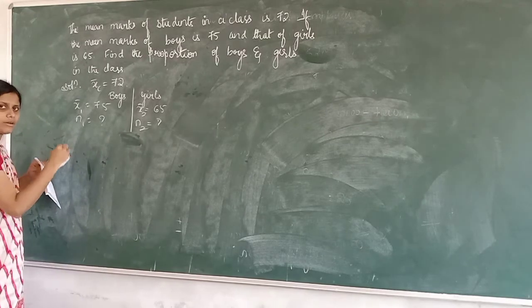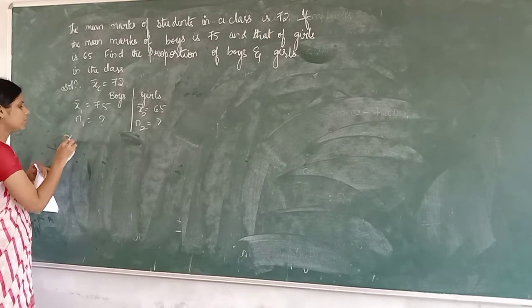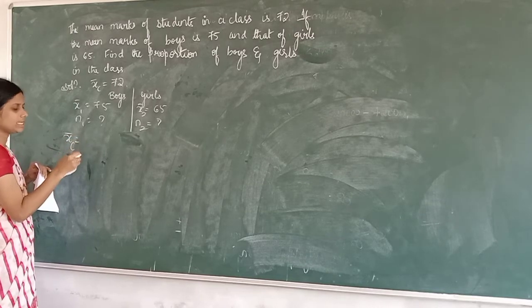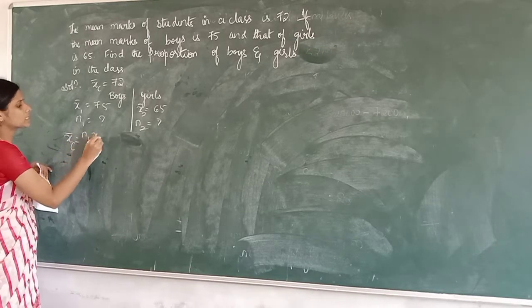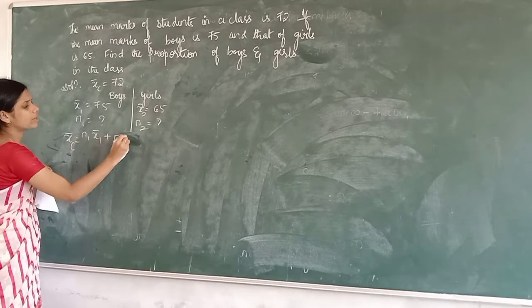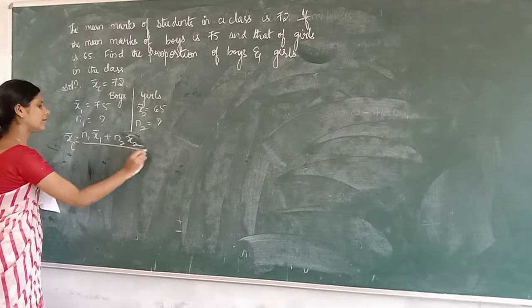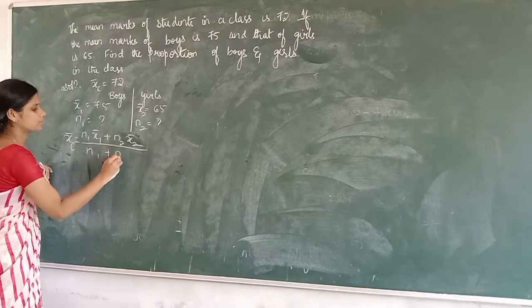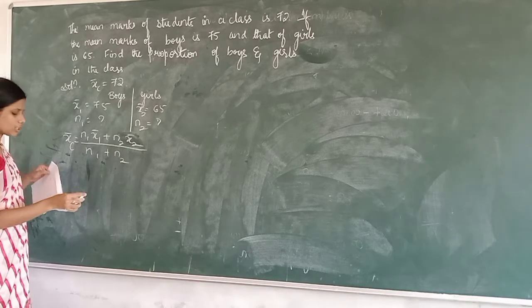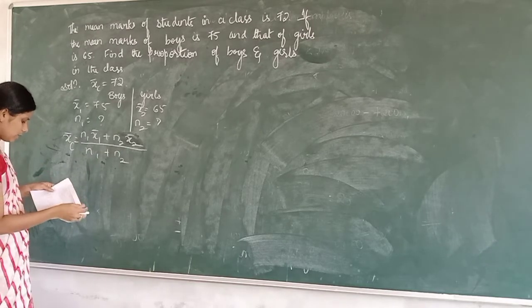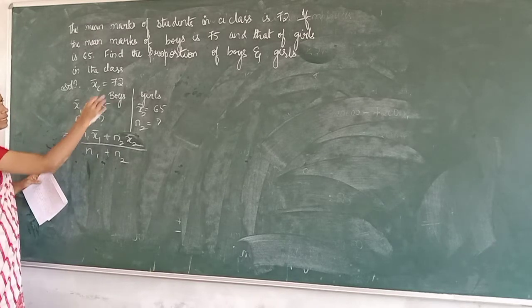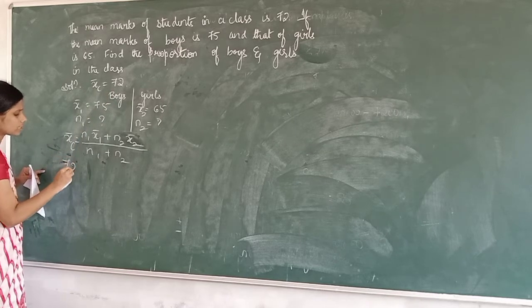We can calculate it with the help of the combined mean formula. First, we have to write the formula of combined mean. So combined mean x bar c is equal to N1 x bar 1 plus N2 x bar 2 divided by N1 plus N2. Now we will substitute the values in this formula. Combined mean x bar c is equal to 72.